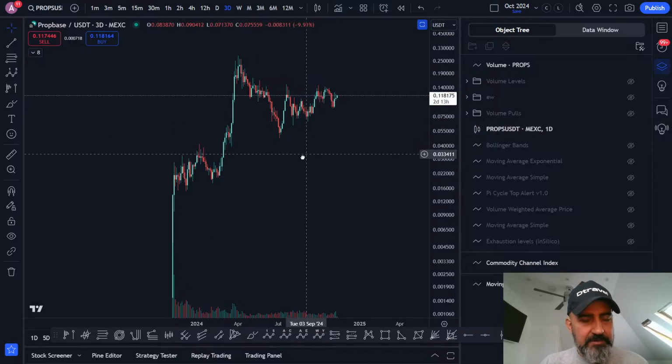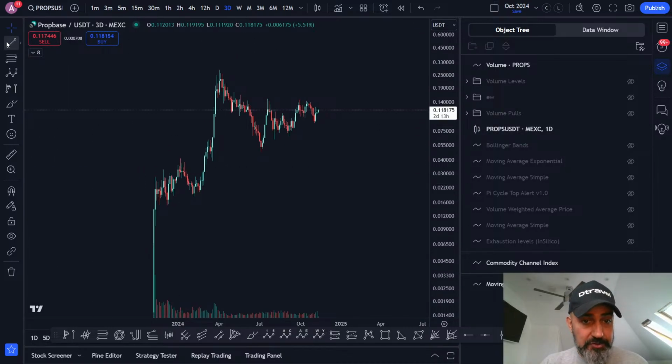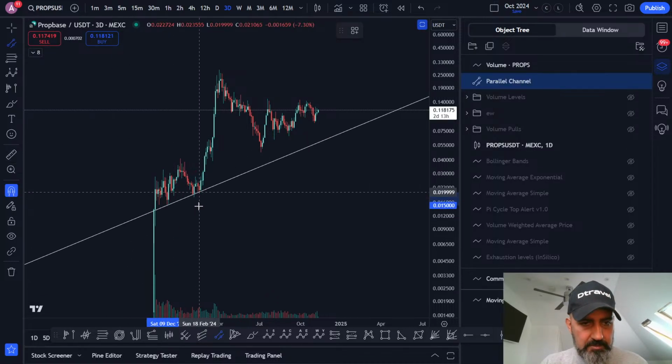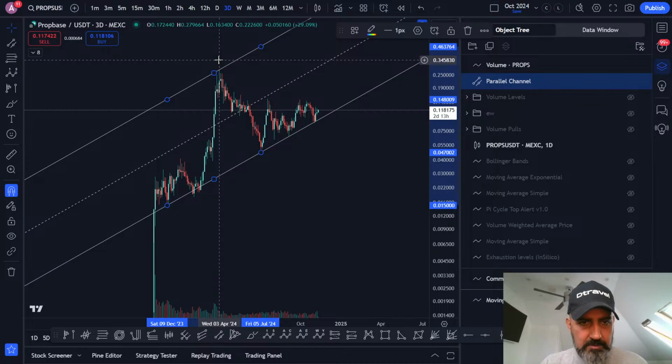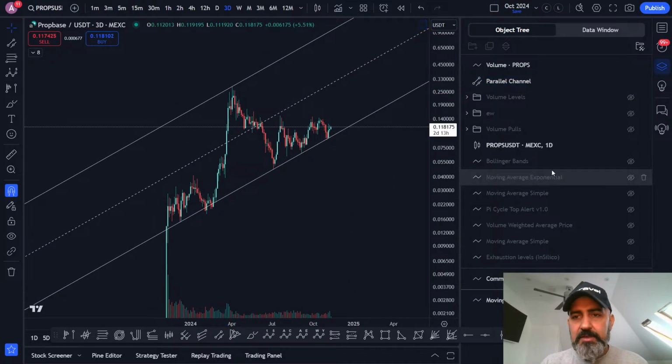It looks like there's a bit of a trend line here, doesn't it? Or you could argue there's a bit of a channel of sorts. Something like that. Possibly something like that.